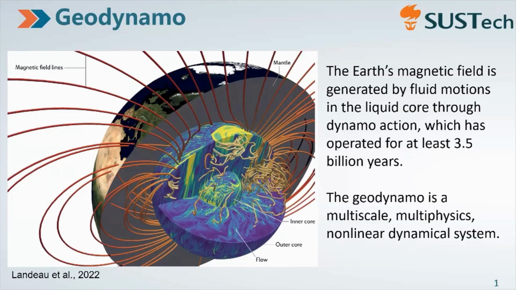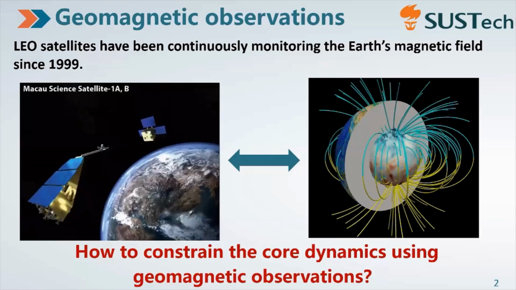Of course, as we heard from Julie Aubert's talk yesterday, over the past 3 decades numerical simulation has significantly advanced our understanding of the geodynamo process. This plot on the left is one of the visualizations from a simulation. Meanwhile, we already have continuous satellite observation of more than 2 decades.